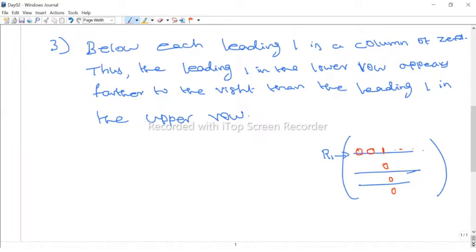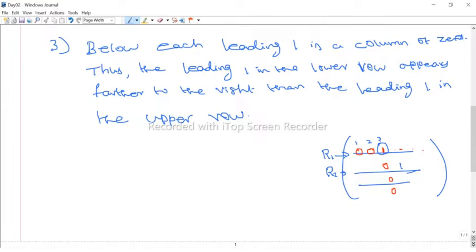Now we can scan the second row. Suppose you got the leading one in the previous row in the third position, the third column. Then R2 should have its non-zero entry after the third column, maybe the 4th, 5th or 6th position.